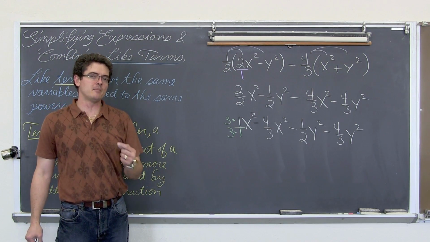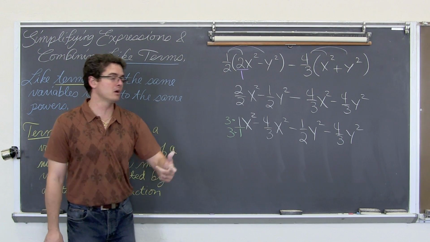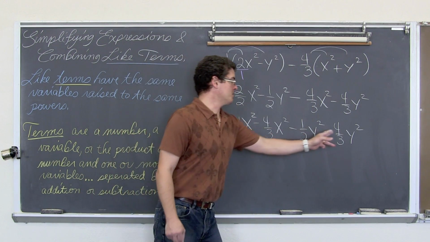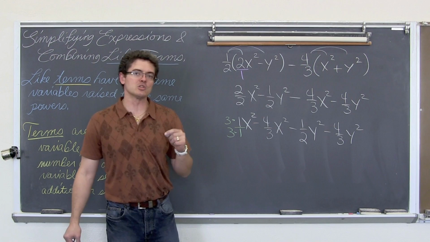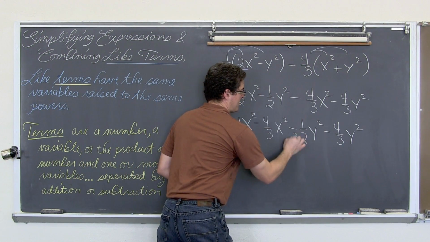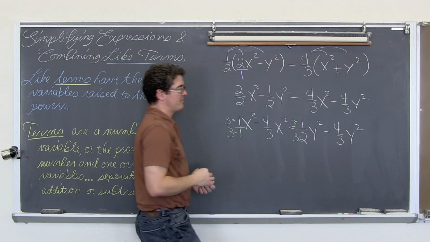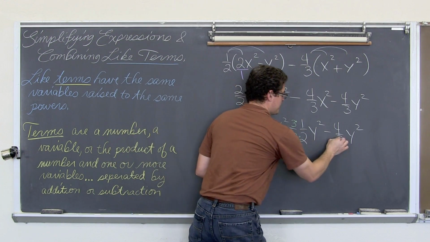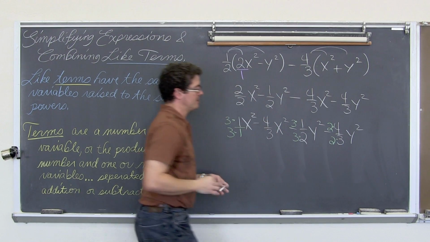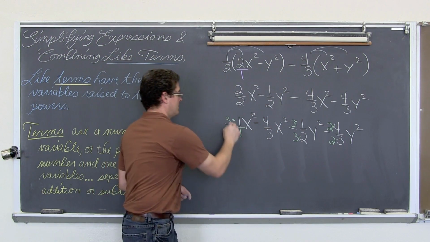The lowest common multiple. 2, 4, 3 will also go into 6. So a common denominator here would be 6, which means this needs to get multiplied by 3 on the top and bottom, and this needs to get multiplied by 2 on the top and the bottom, and we get this.